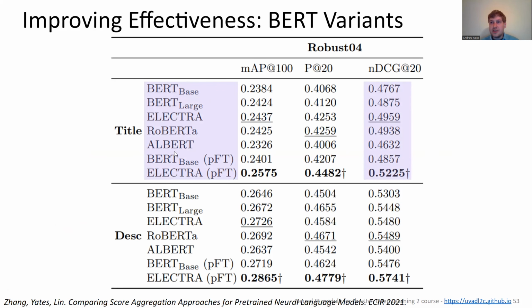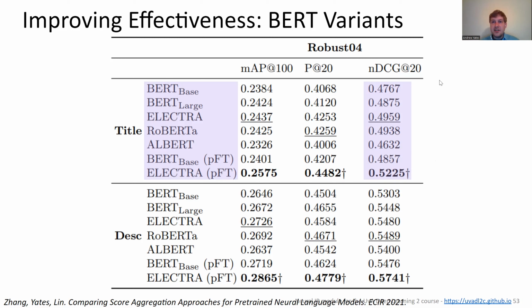Let's go through all of them just to take a quick look. So we're looking at NDCG at 20 on Robust04. So this is the same metric that was used for CEDR. And I should mention this is monoBERT. So this is using BERT as a relevance classifier rather than CEDR where we're using contextualized embeddings, which is why these numbers are a bit lower, I suppose.